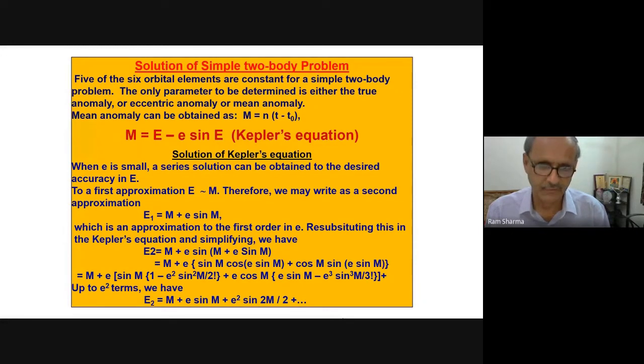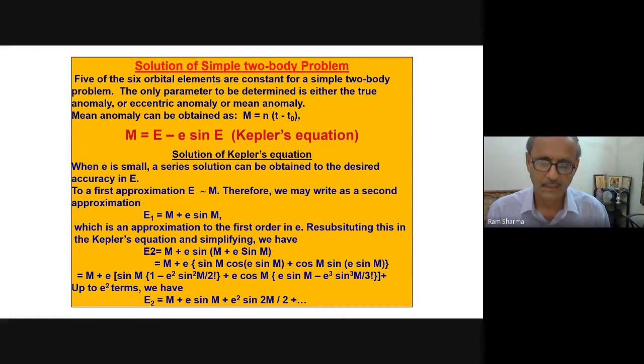Now for the second equation, M you replace by M plus e sin M, and now you use your simple sin(A plus B) formula, sin A cos B plus cos A sin B. So we have used that formula: sin M cos(e sin M) plus cos M sin(e sin M). Now, because e is small there, we can expand with the previous two formulas.